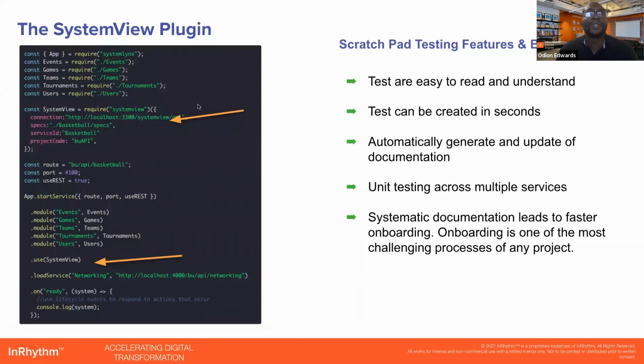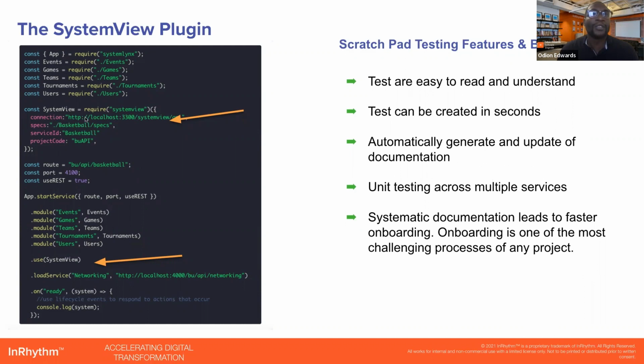So here's an example of a code snippet of using the SystemView plugin. As you can see, this is the same code snippet from the previous example, but we've just added basically 2 lines. Right here, we're importing this SystemView plugin. It's a function, and we're calling that function with a few options.